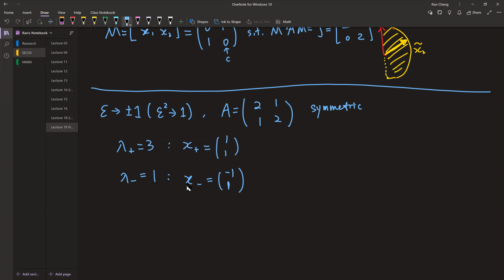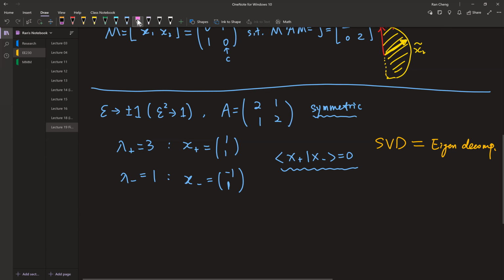Okay, and because now A is symmetric, x plus and x minus are orthogonal to each other. This is a guaranteed property. And at this particular point, if we make the SVD, then the SVD now reduces to the eigenvalue decomposition, or simply put, eigendecomposition.